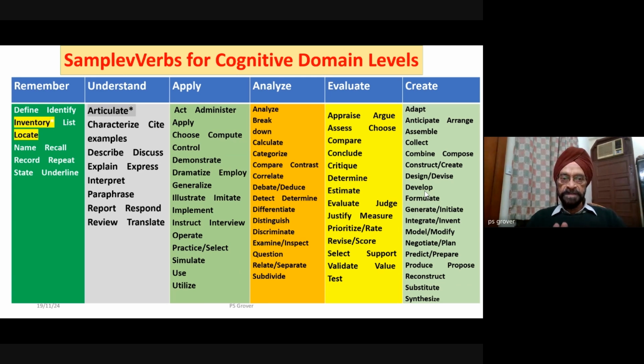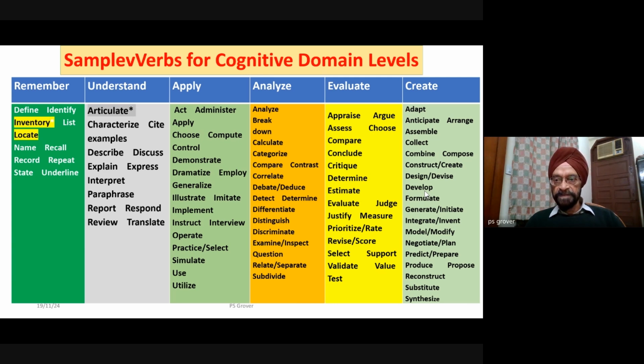And here is a sample of words which are proposed. Here I want you to appreciate that when I say remember, the lowest level, I say mention the name of a few things. If I look at analyze, the words proposed are calculate, correlate, question, subdivide.